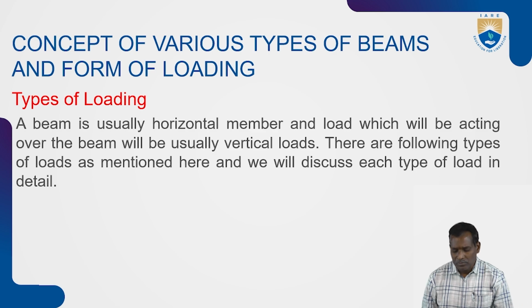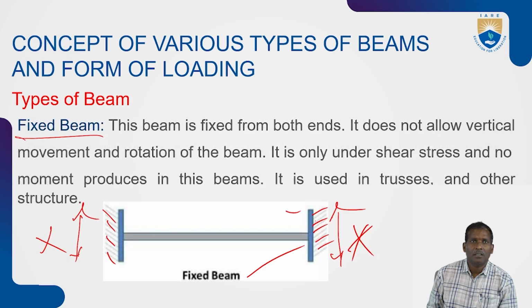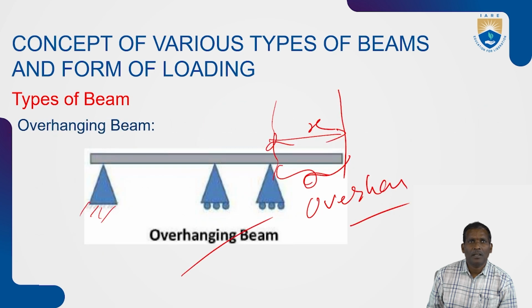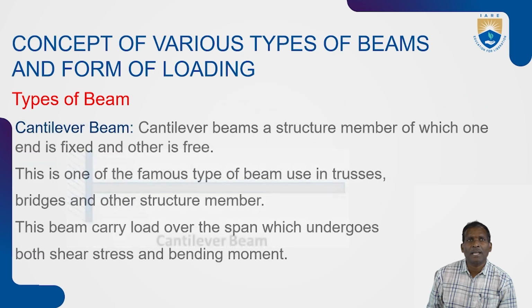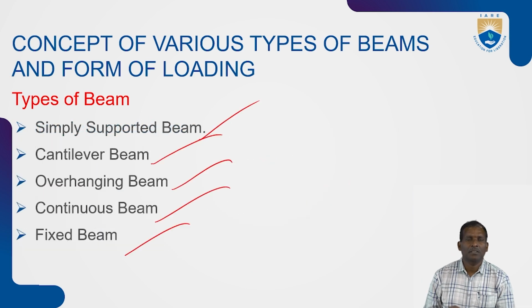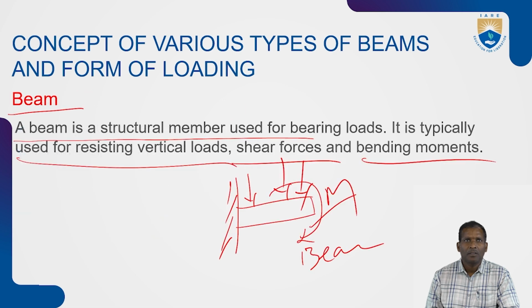So up to now, we have seen what we mean by beam, and then types of beams. In types of beams, you have seen simply supported beam, cantilever beam, overhanging beam, continuous beam and fixed beam. The beam is a structural member used for bearing loads.